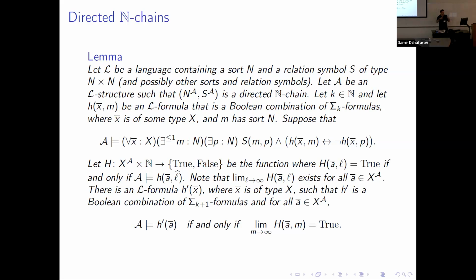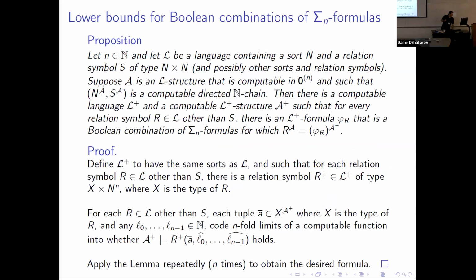And so what this means is the sigma 0, 2 set we're starting with is now a limit of this function. And the idea is to iterate that. I have my structure, I have my relation, which is really complicated, and it's a limit of, say, a sigma 0 relation.